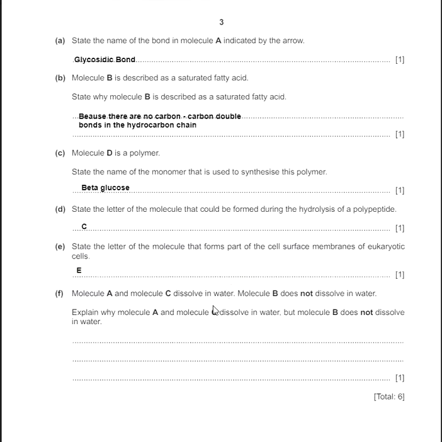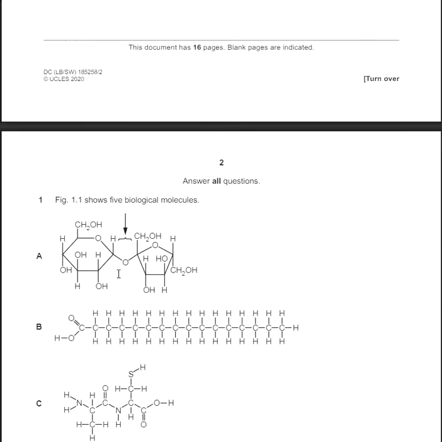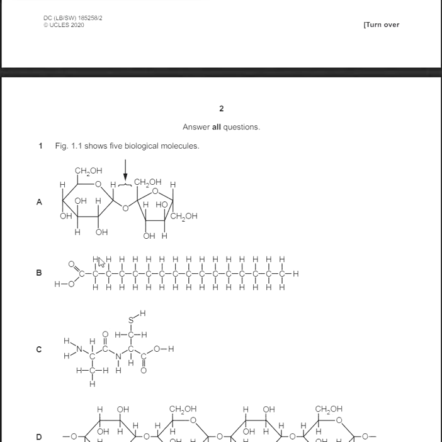So let's see which molecules we're talking about here. A and C dissolve in water, B does not, so A and C, we have these two, they do dissolve in water, whereas B does not dissolve in water. The reason for that is A and C have several OH groups, at least a couple of them, or NH2 here as well, which allows the formation of hydrogen bonds, so these molecules are hydrophilic.